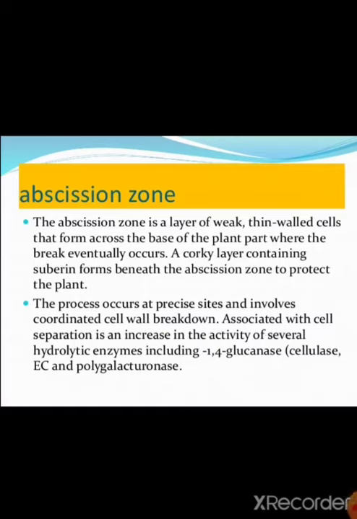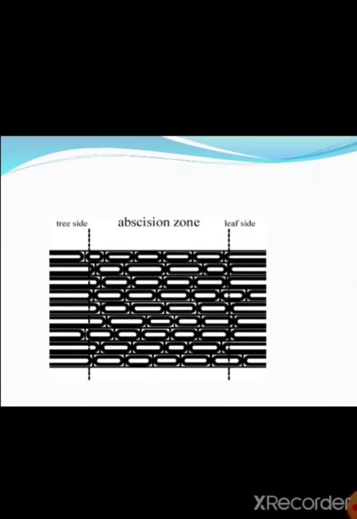The process occurs at precise sites and involves coordinated cell wall breakdown. Associated with cell separation is an increase in the activity of several hydrolytic enzymes, including 1,4-glucanase, EC, and polygalacturonase. The diagram shows the abscission zone between the leaf side and the tree side.